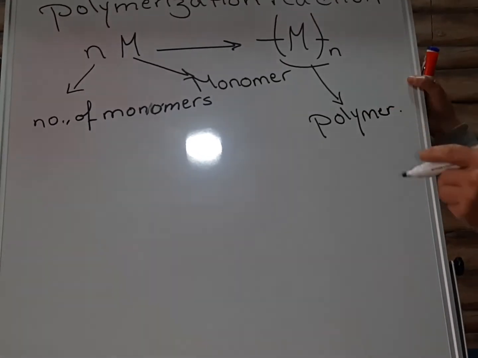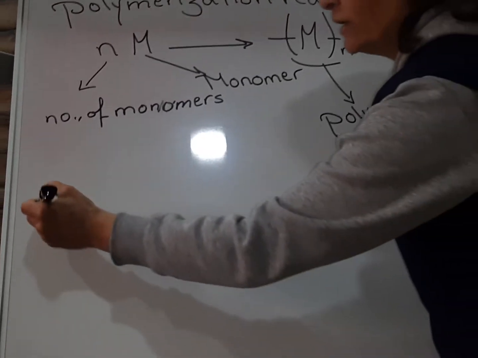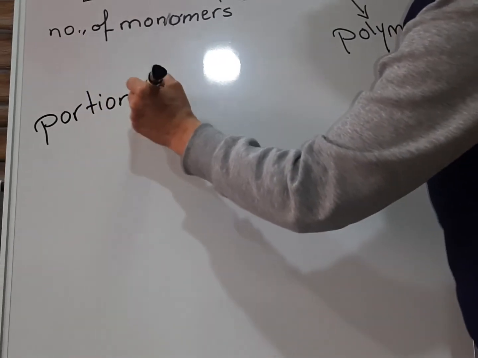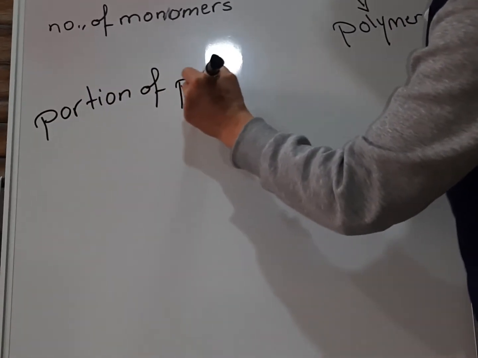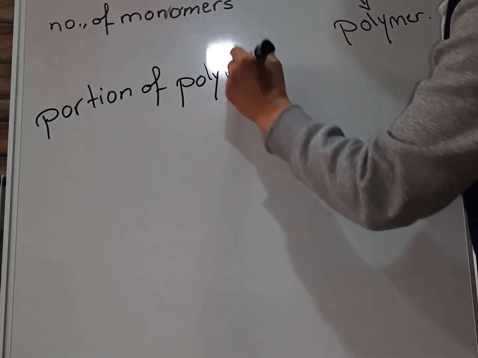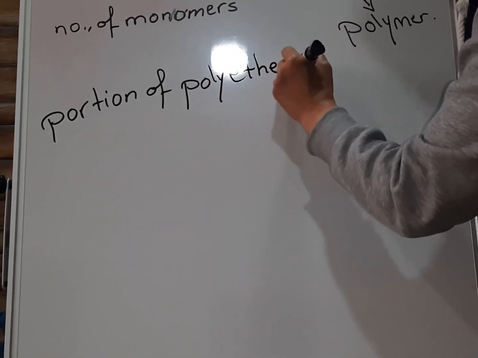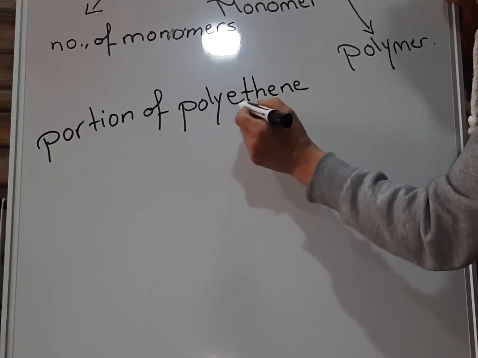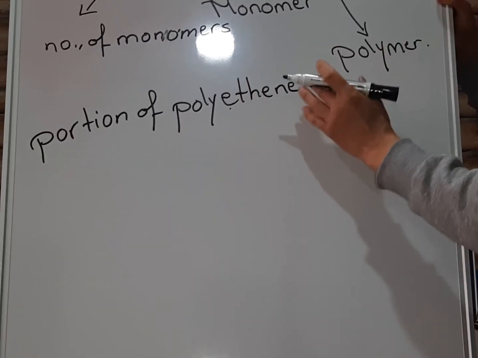For example, I have a portion of polyethene. When I say polyethene, this means that many ethene molecules are joined together.